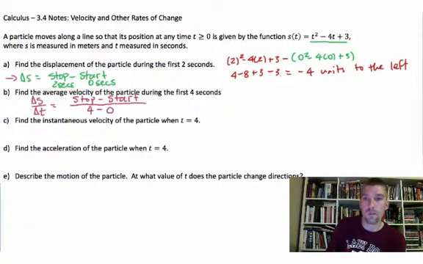Okay, so back over here to my position function. I stop at 4, so again we'll go with red here.